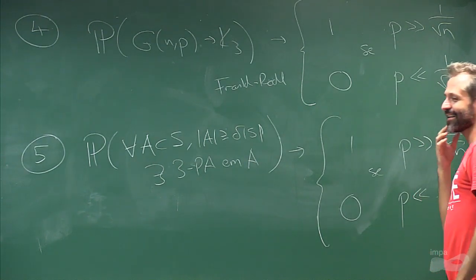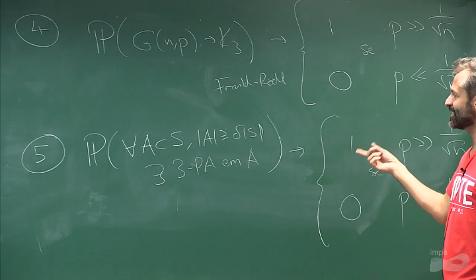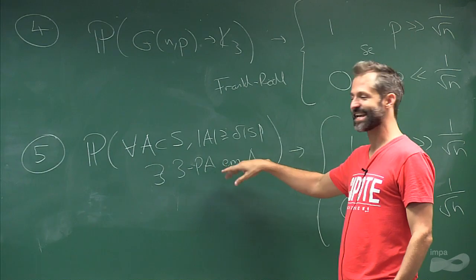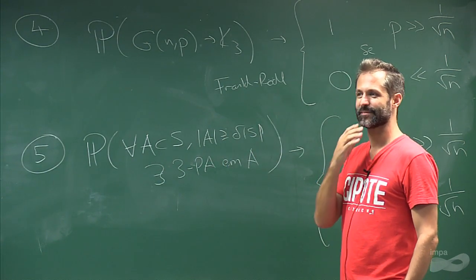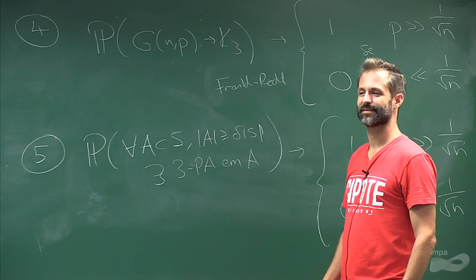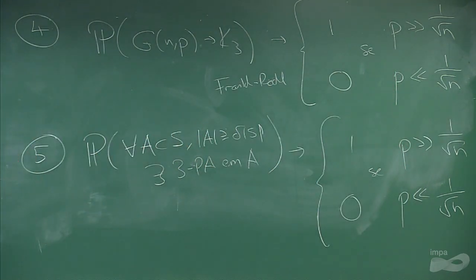So an even better reason is, what's the expected number of 3-term arithmetic progressions in S? S is a random subset of 1 to n. How many 3-term arithmetic progressions are there in [n]?